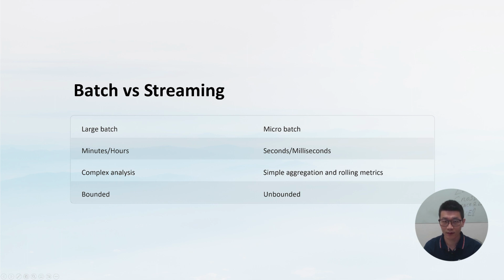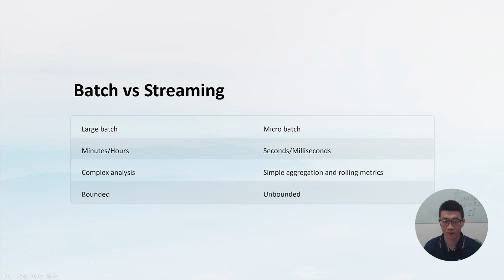Its data is typically in large chunks. On the other hand, stream processing deals with what we call micro batch, which means it processes a very small amount of data at once. However, this data arrives continuously, and this is the biggest difference between them.